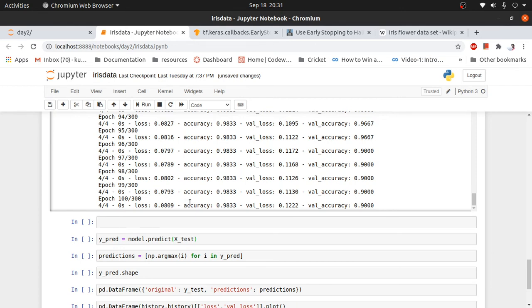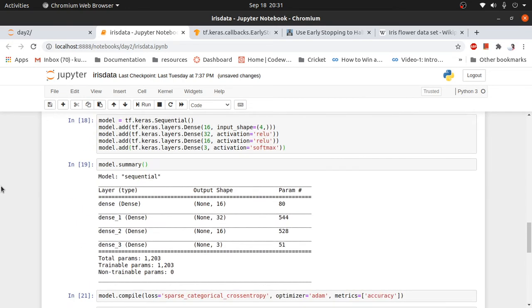So it is checking for around 3 epochs. It checked the loss. So if it is still increasing, it will stop. So that's what the model did here.